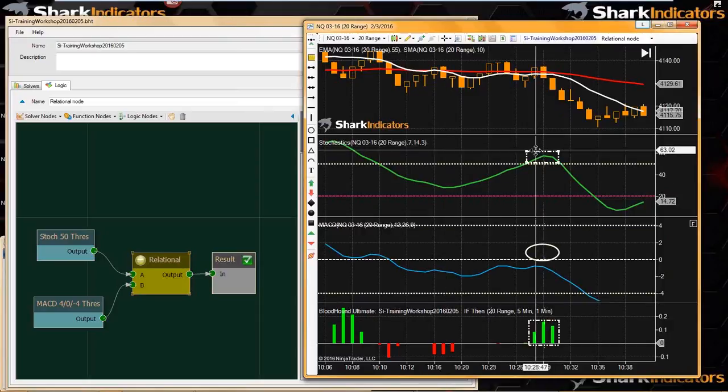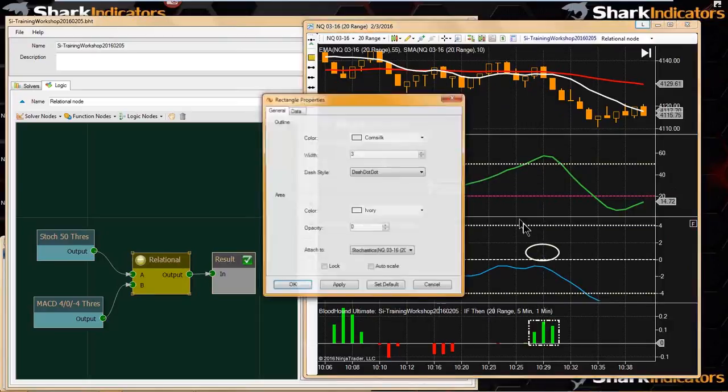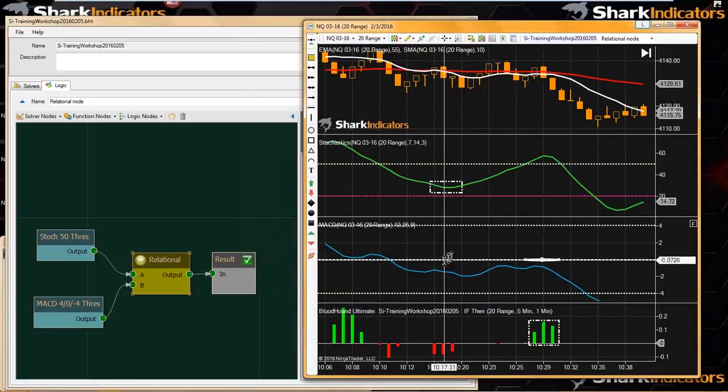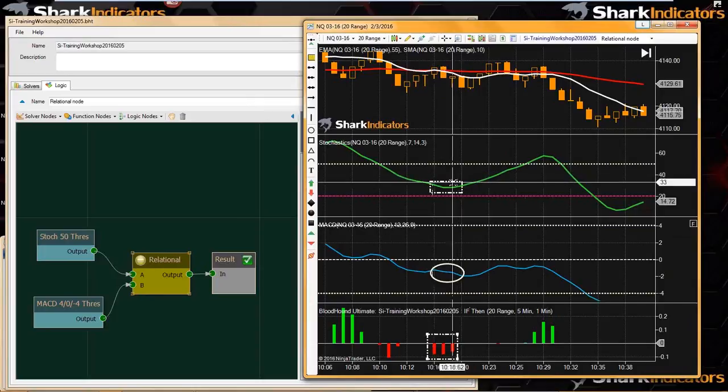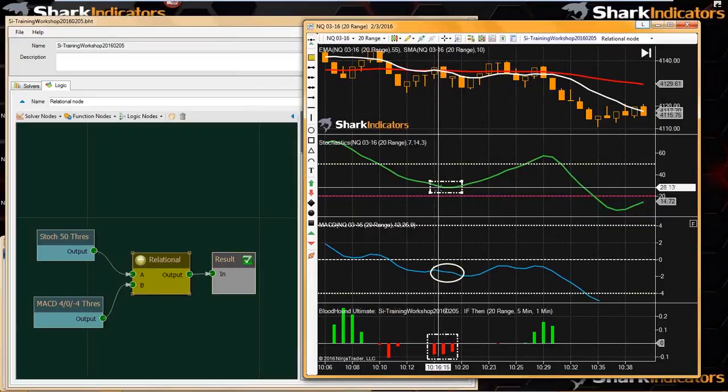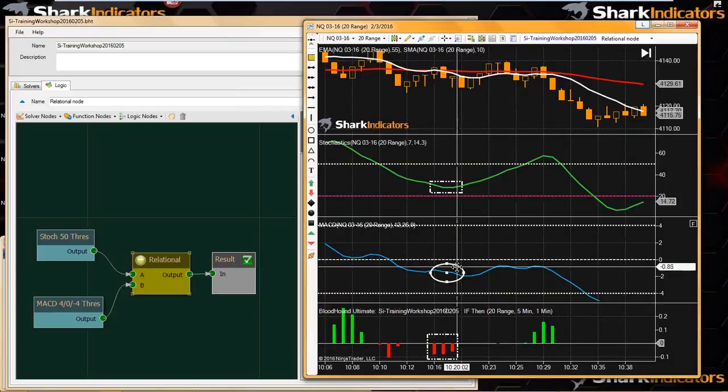So let's go back to here. We can see that the stochastic is negative, right? It's below 50, so it has a short output. The MACD is also below 0, so it has a short output.